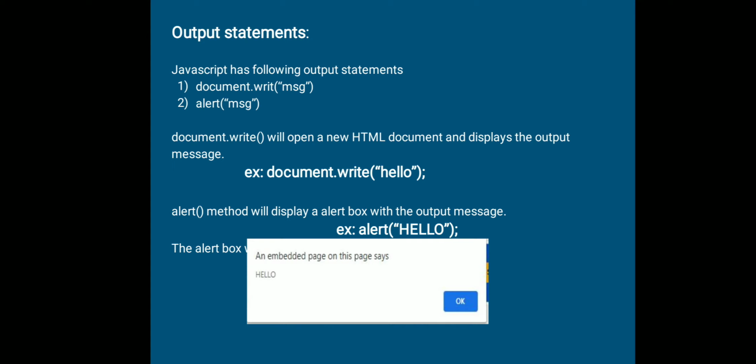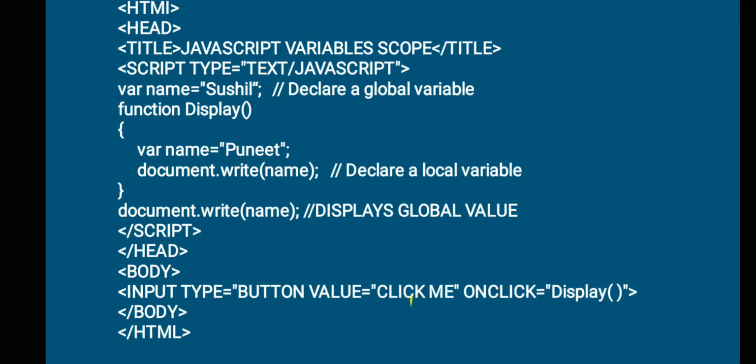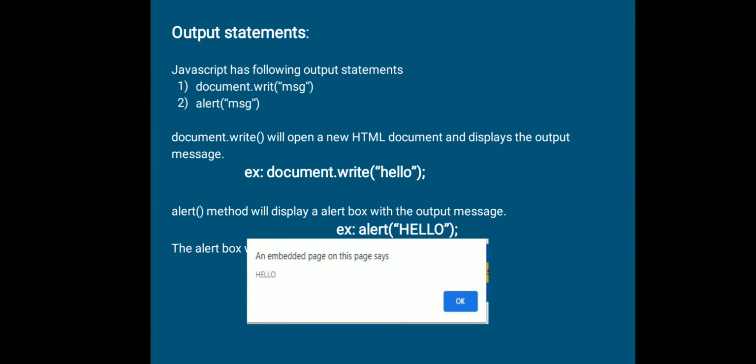This is about the output statements available in JavaScript. In the previous example we have used the document.write method, which opens a new document and displays the value of name. Likewise, instead of document.write, we can also use alert. So this is about input output statements in JavaScript.